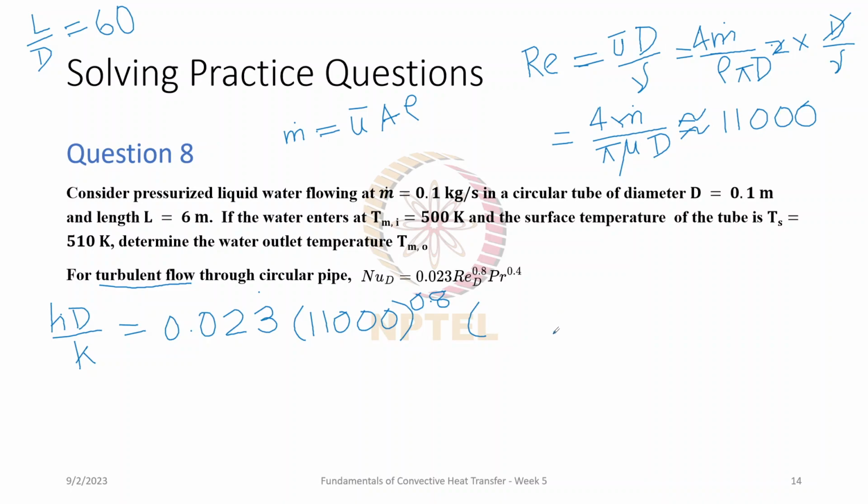For water, Prandtl number is somewhere around 0.7 or 0.8, so you can take 0.8 in this case. 0.8 to the power 0.4. And the value of k for water also you can find out, that is 0.63, I guess. So value of k is 0.63.